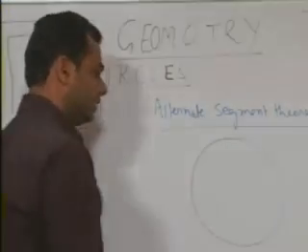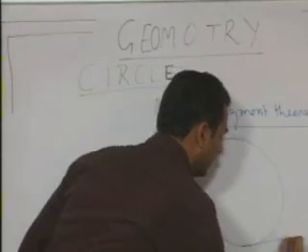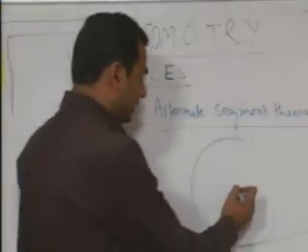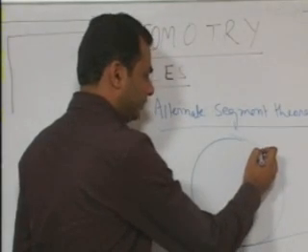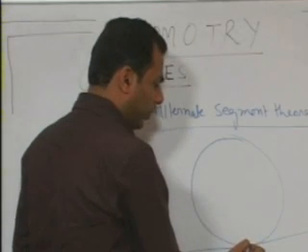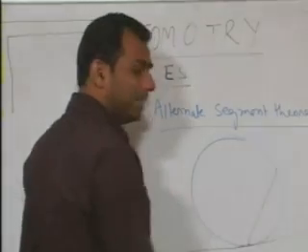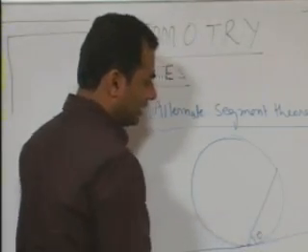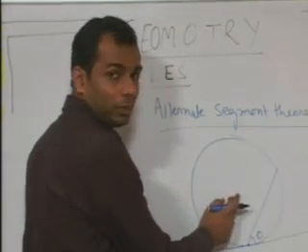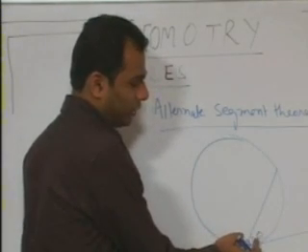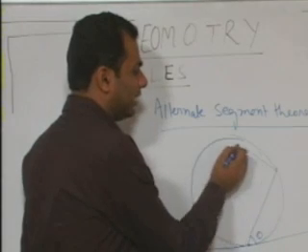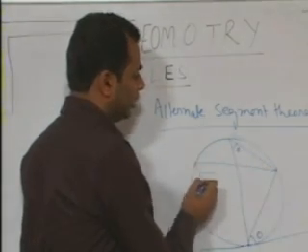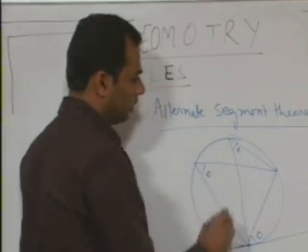If this is a circle and I draw one tangent here, let's say the center is O, and from this point of contact I draw a line segment inside the circle, now if this angle is theta, then the angle in the alternate segment, remember that this is alternate to this particular angle, is also theta. All the angles in the alternate segment are always theta.